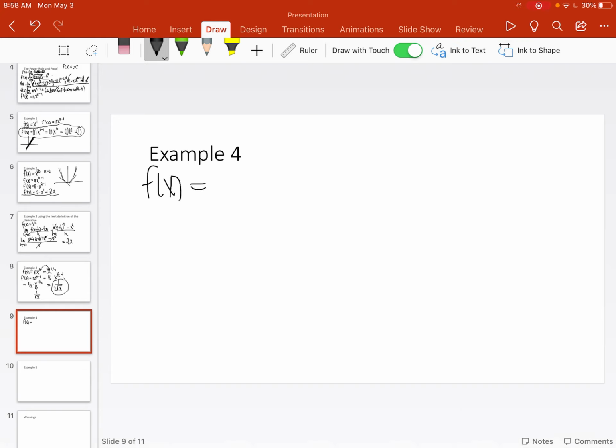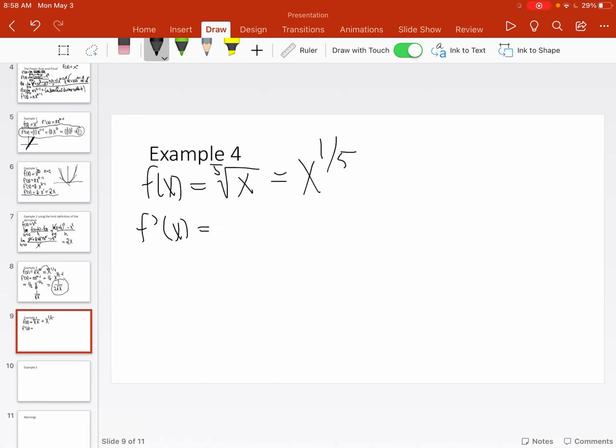Let's say f of x is equal to the 5th root of x. Remember that this can be written as an exponent, x to the 1/5, or x to the power of 0.2.